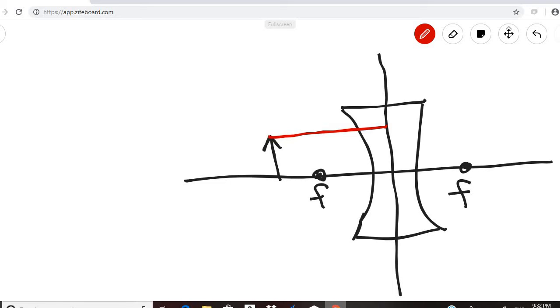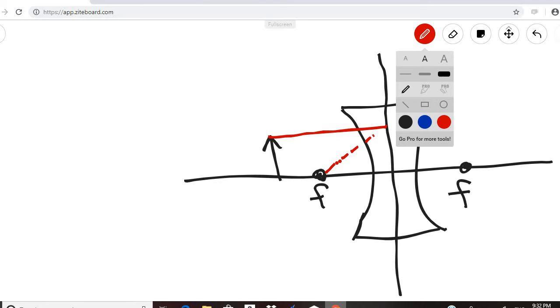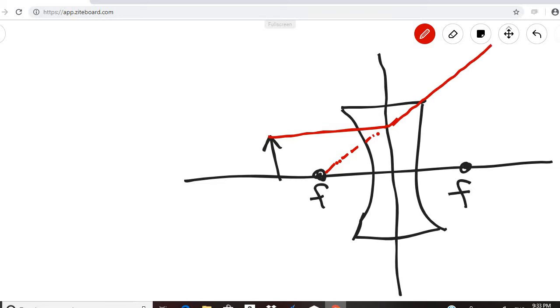So we would extrapolate this out, so in horizontally, and then it would exit out as if it were coming from this focal point down here.